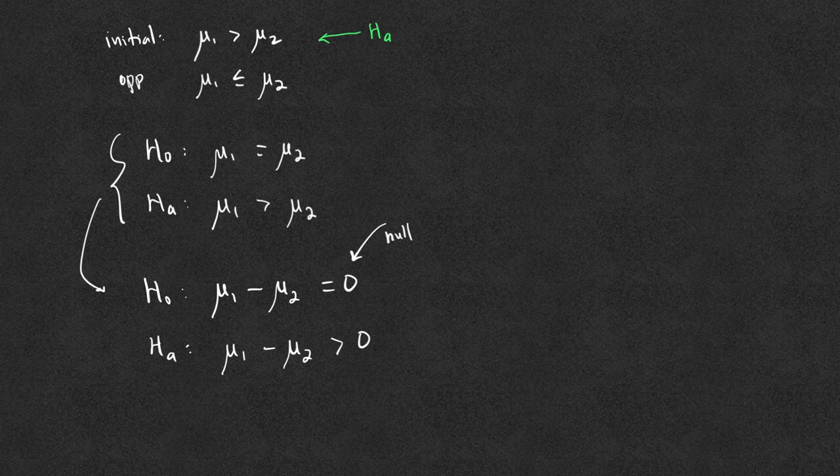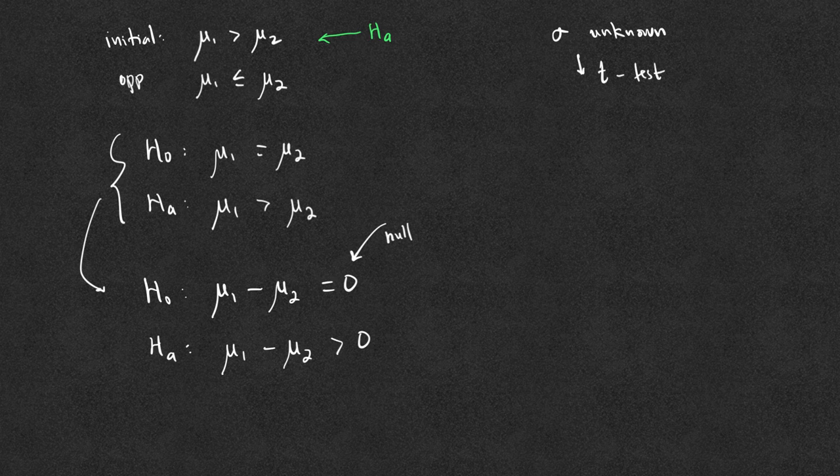Now that we have the null and the alternative hypotheses, the next step is to compute the test statistic. In this case, sigma is not given, so sigma is unknown, so we will use the t-test statistic.